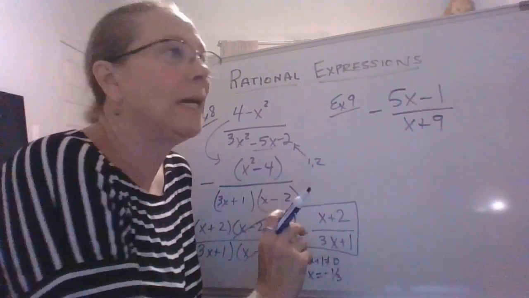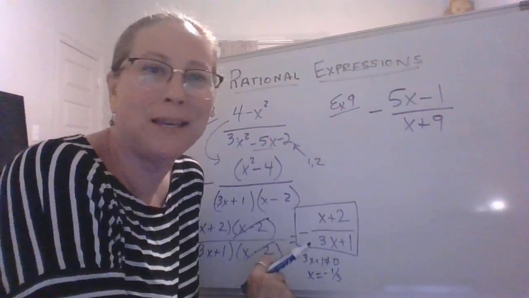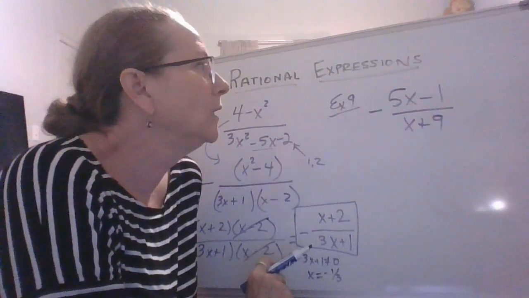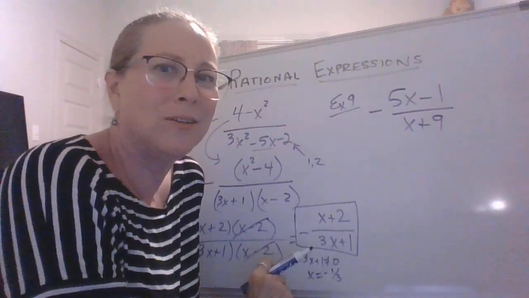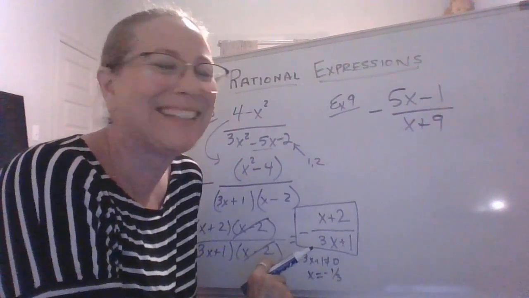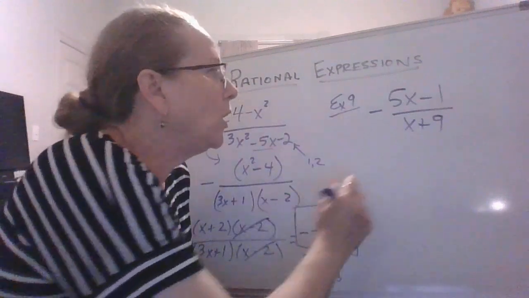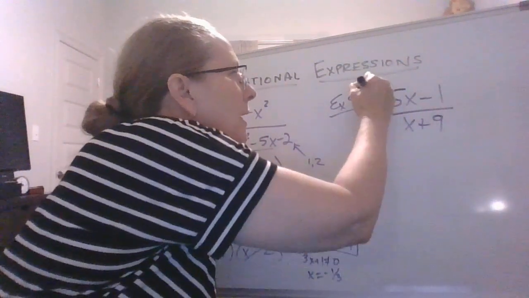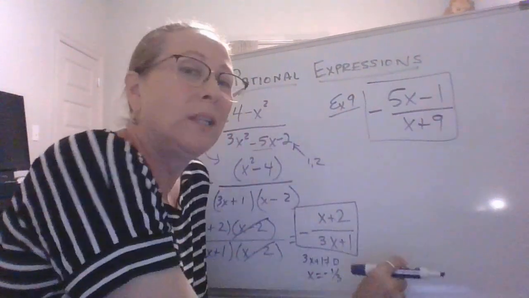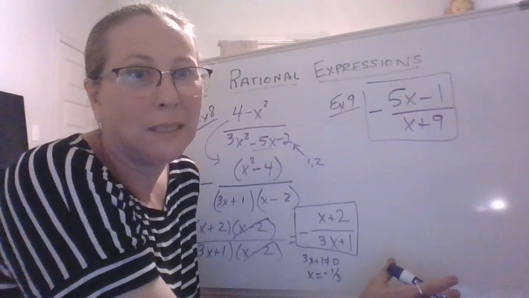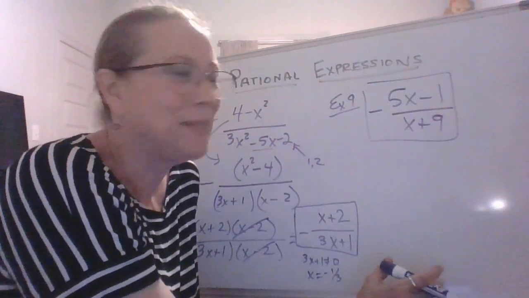Okay, next one up. We already have a negative out front. Can we reduce anything here? No, we can't. So this is already simplified. So all you can do at this point is say, hey, this is the answer. Could that happen? It can. It's kind of rare, but it could happen.